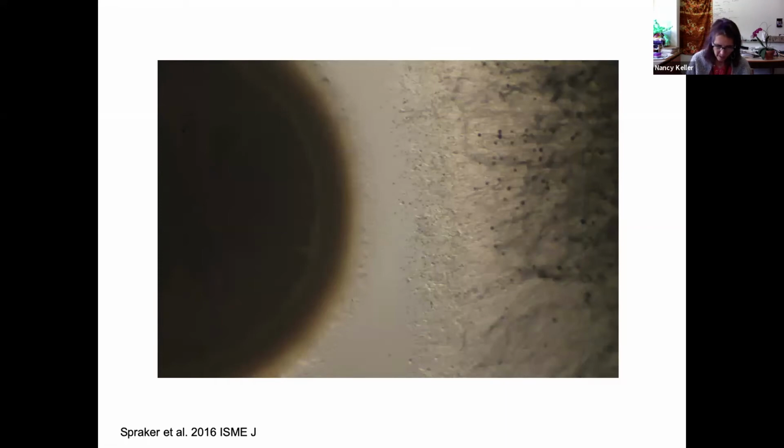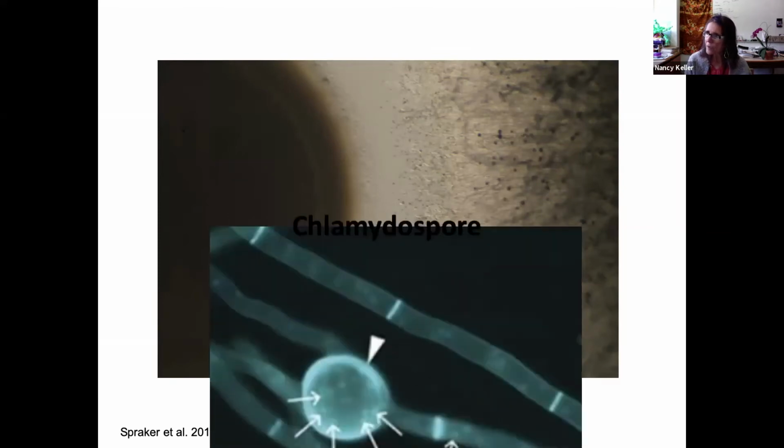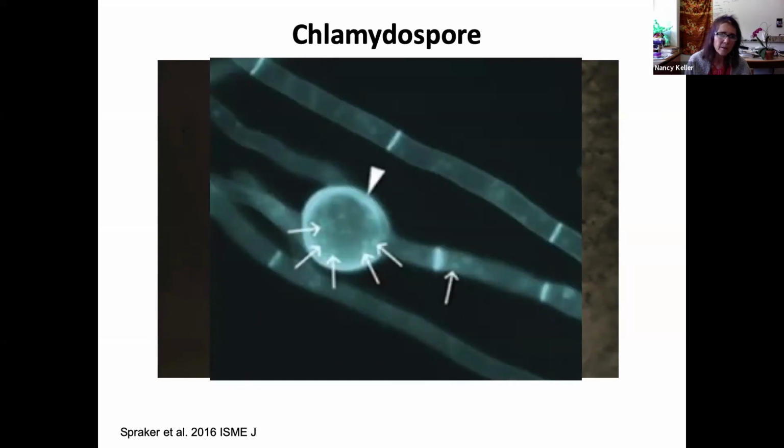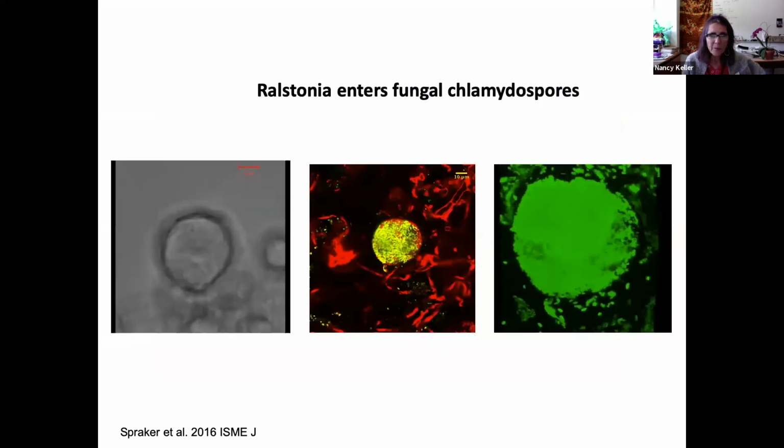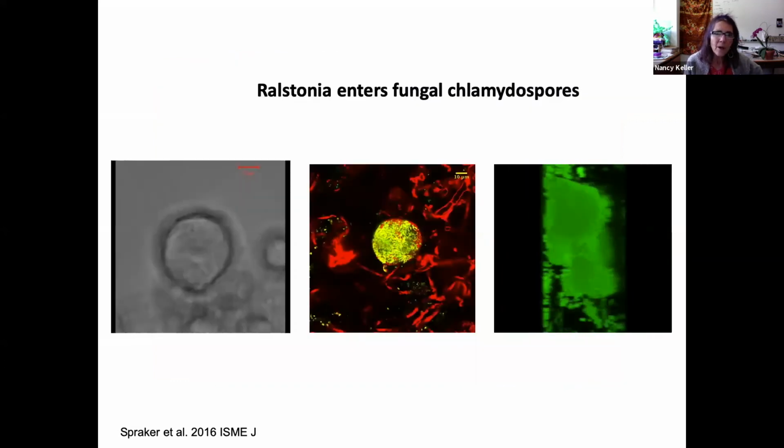Some fungi make a lot, but most really weren't known. So when we found this, we thought there was something that the bacterium was producing that was involved. The other thing, and we'll get to that in one second, that we became really interested in was, wow, these chlamydospores are so big, could the bacteria possibly be going in?